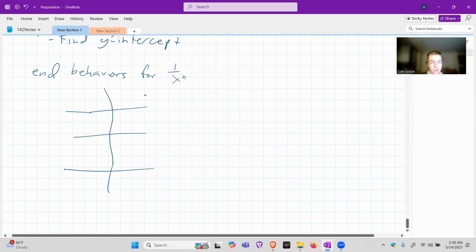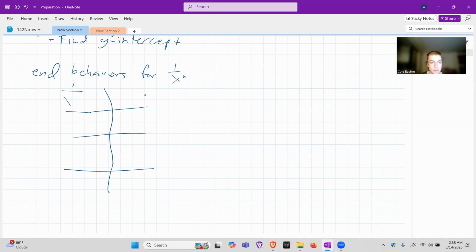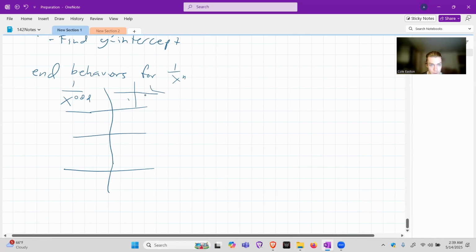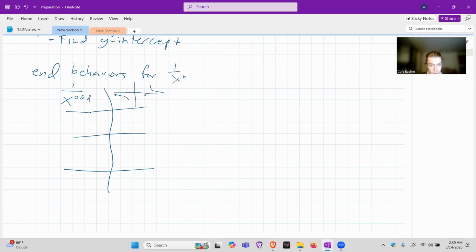So it's either 1 over x to the odd power, and here I'm going to kind of draw it like this. So that's the direction that we're approaching 0 from. So it's from the top or the bottom.